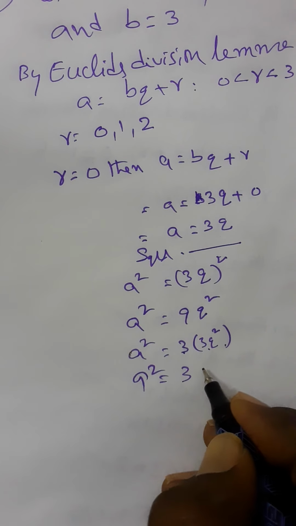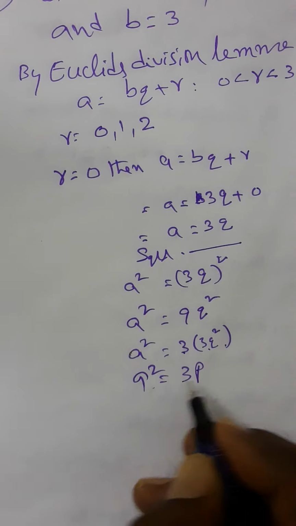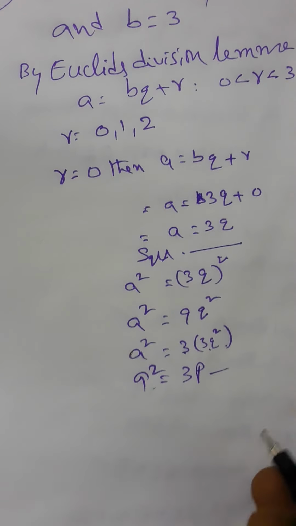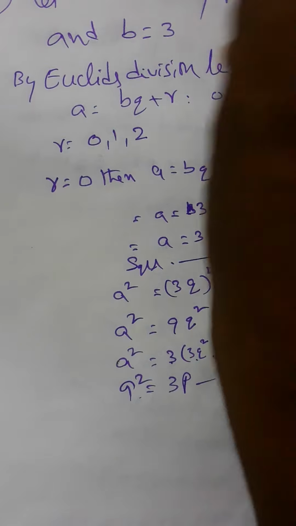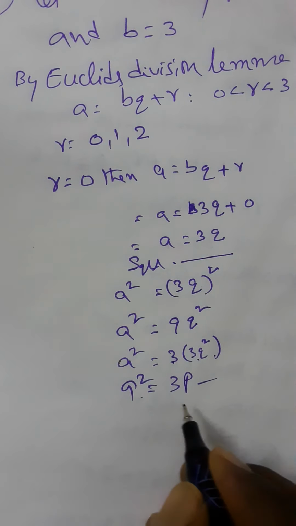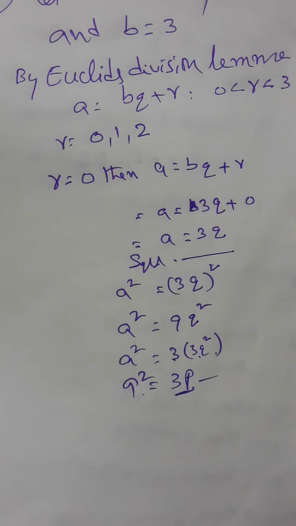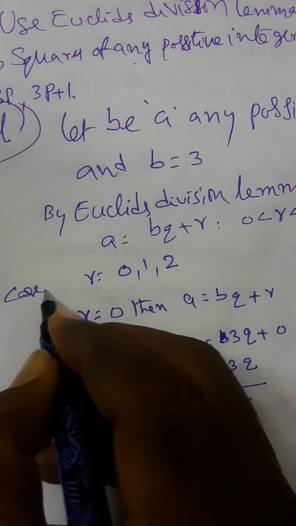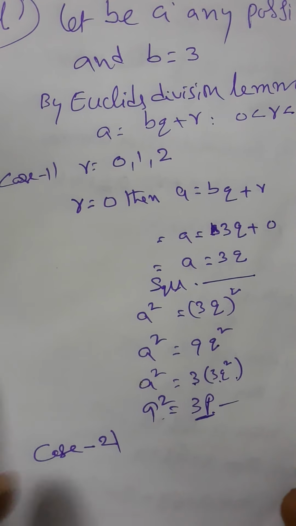I take p equal to 3q squared, so a squared equals 3p. What did it ask us? Show that the square of any positive integer is in the form of 3p. So it is in the form of 3p. Okay, this is case 1.